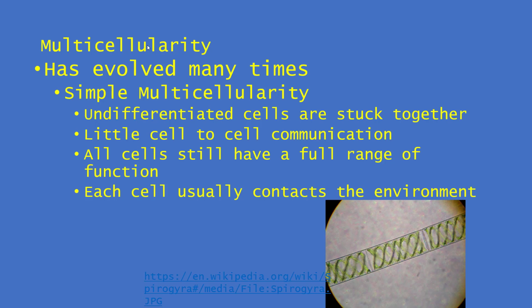All cells in that organism have the full range of function, meaning they can all photosynthesize in this case. They can all reproduce. They can all do everything that it takes to be alive. In fact, if you cut one of these cells out and set it free, it'll probably grow into another strand of algae. And in most of these simple multicellular organisms, each and every one of the cells of that organism is in direct contact with the environment.